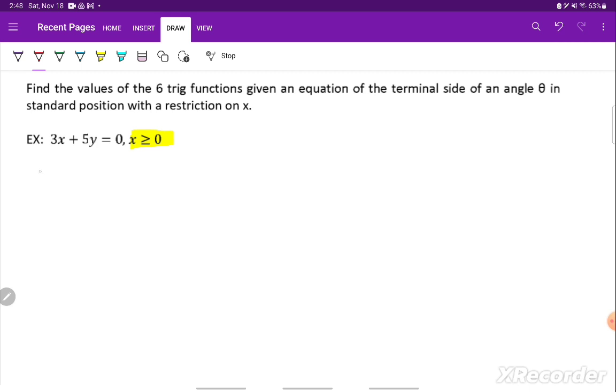I'm going to choose x equal to 5. So we'll plug that in then and solve for y.